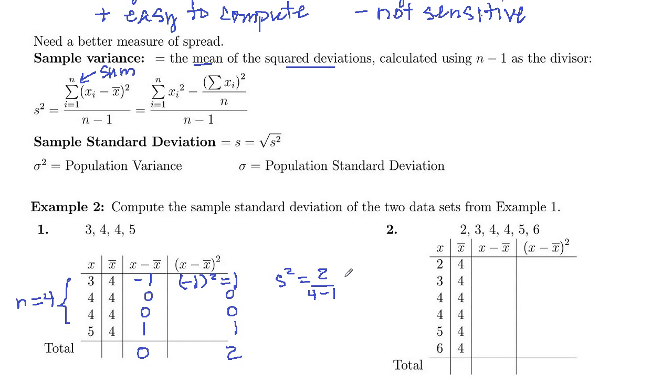So that's 2/3. That's your variance, 0.6 repeating. And then the standard deviation is going to be the square root of 2/3. And if you enter that into the calculator, you will get approximately 0.82.